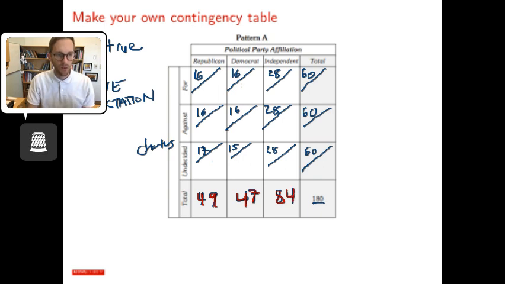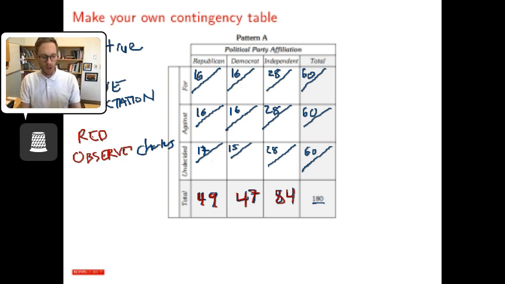Red is going to be observed. Good. So now I go out and gather my data. Let's say I just randomly sampled and I get these numbers: 49 Republicans, 47 Democrats, and 84 independents.